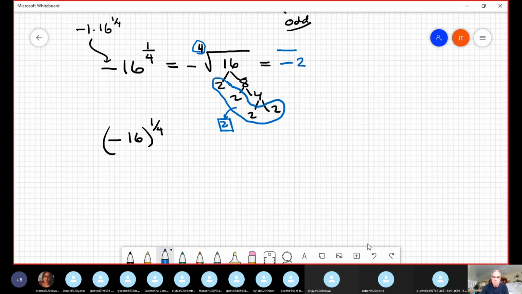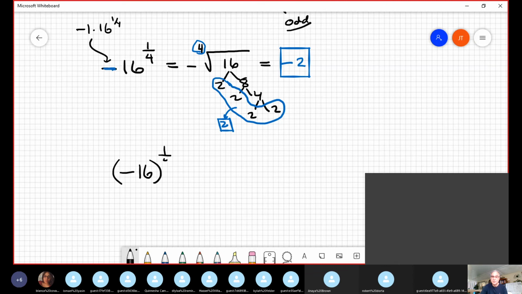Does everyone follow me? Do you understand very well or no? Don't get confused. This minus is a negative 1 outside, and this is totally different. Let me explain why. Be careful with this tricky part: parentheses, minus 16, raised to the 1/4.